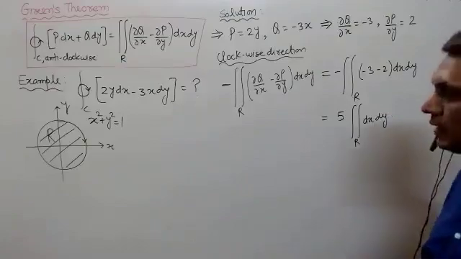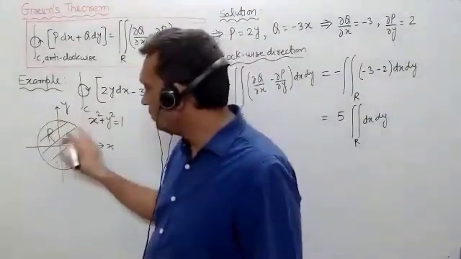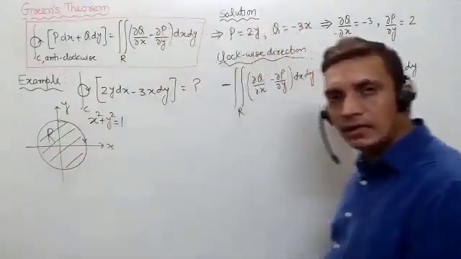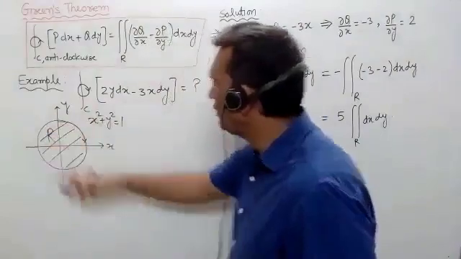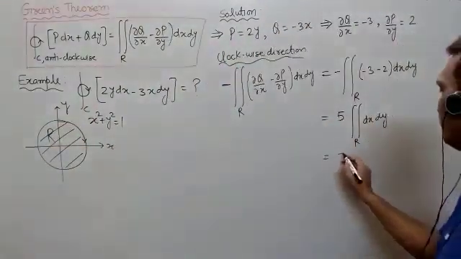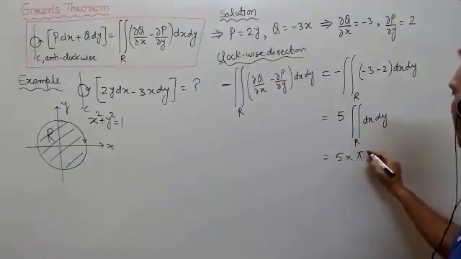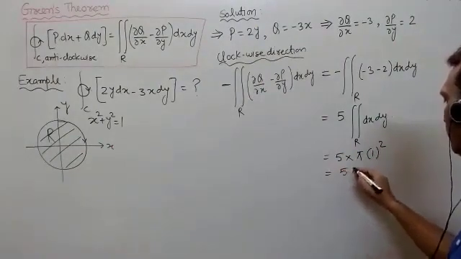So what will be this integral? This dx dy will give you area of the circle. Radius is 1. So what will be area? 5 into pi r square. So this will be 5 pi.